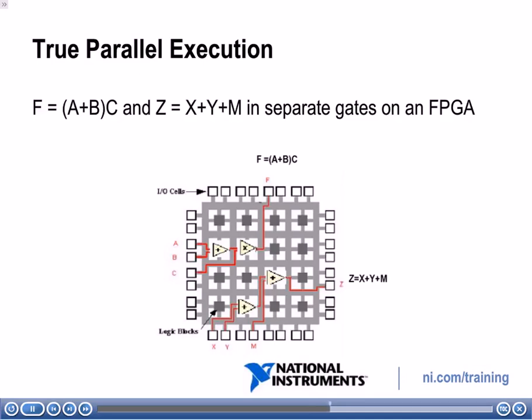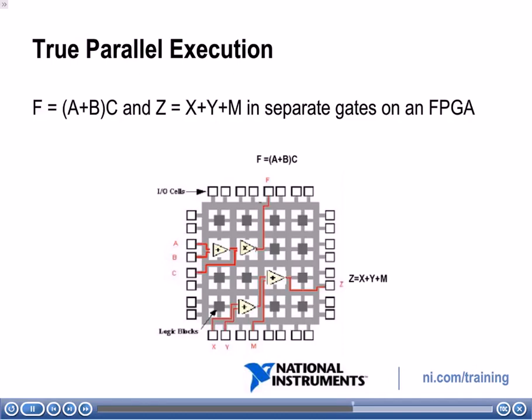When it's implemented in hardware, in this case, these two algorithms have no dependencies, so they can run totally parallel to each other. Because it's being done in hardware, this is true parallelism. These two things are really happening on the hardware at the exact same time. If you wanted to, you could add even more things, and as long as they don't have any dependencies, all those things are happening in parallel.